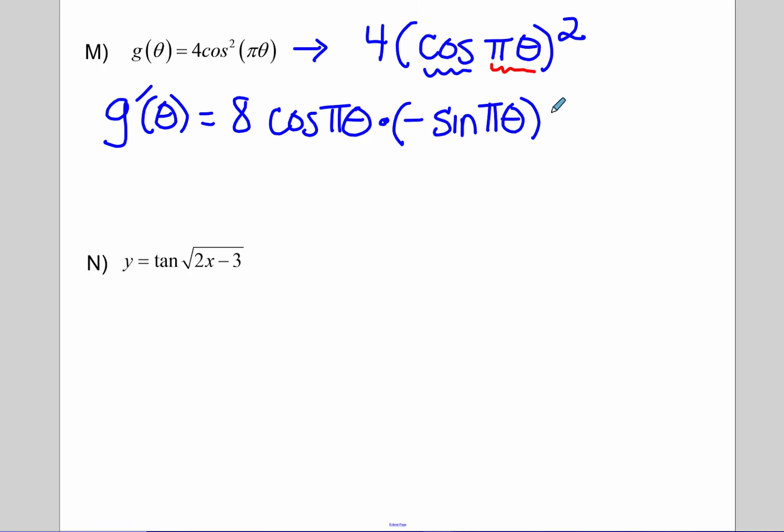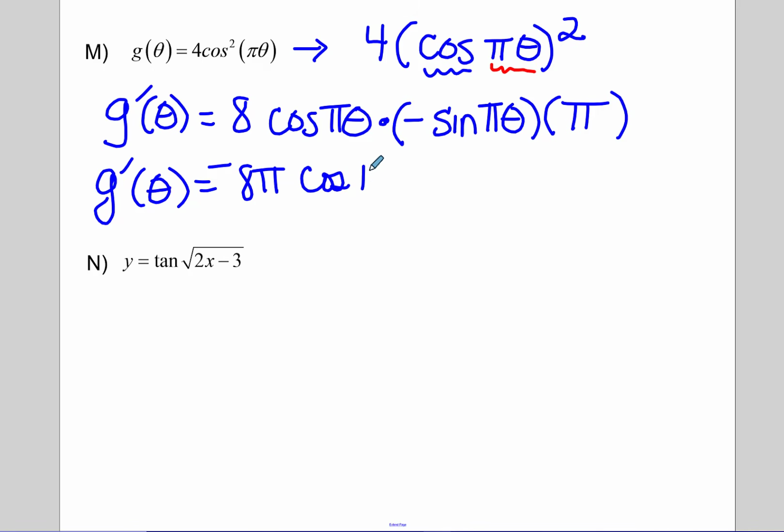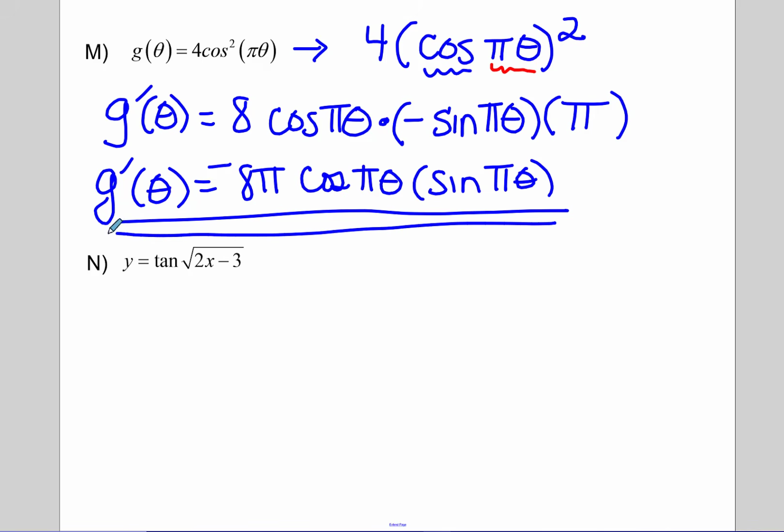The derivative of pi theta is pi. So g prime of theta would be negative 8 pi cosine pi theta times sine pi theta. Or if you want to interchange those around, you can do that. Multiplication is commutative.